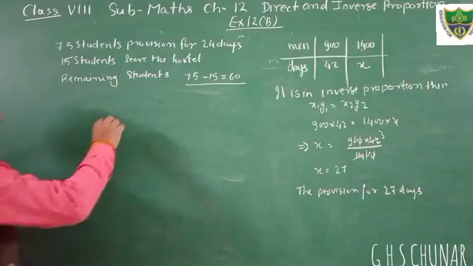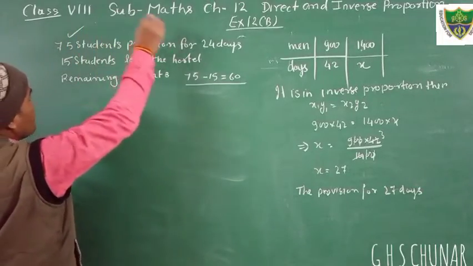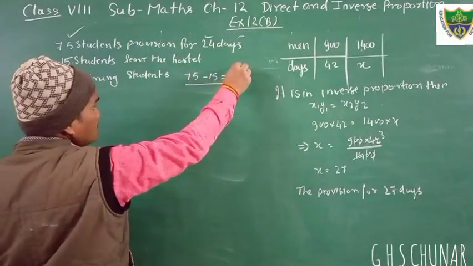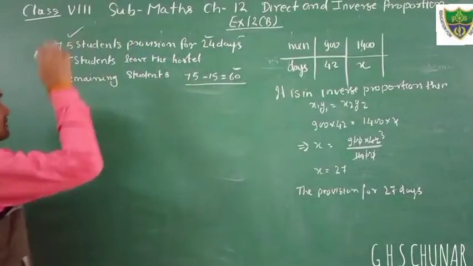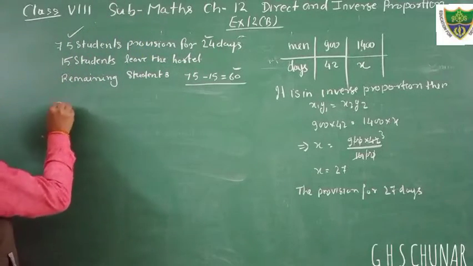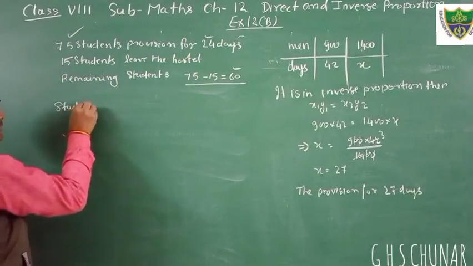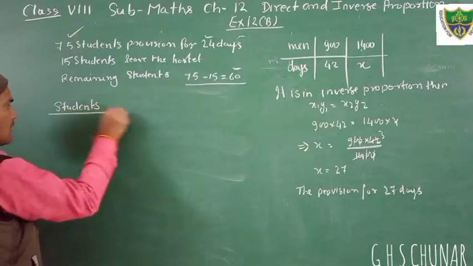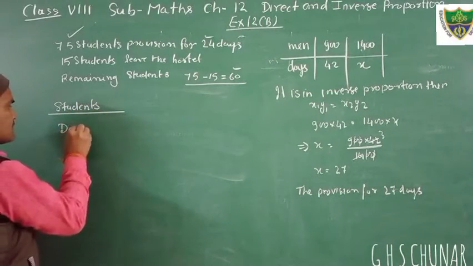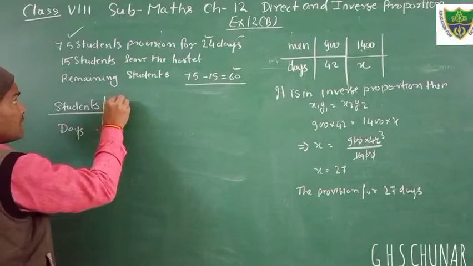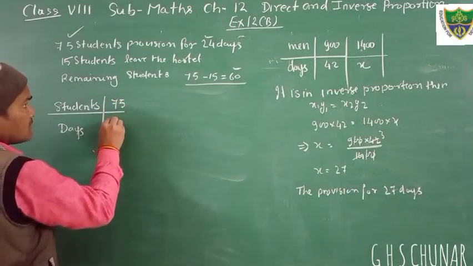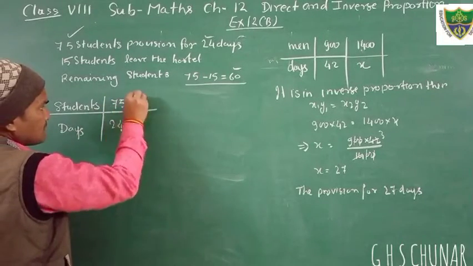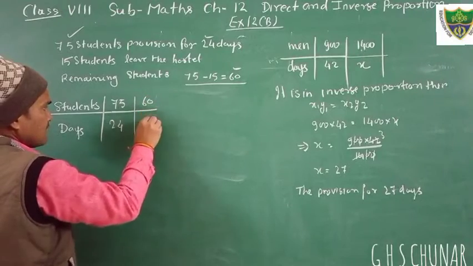So for the 75 students, that is 24 days. Then how many days for the remaining students? That is 75 students, 24 days. Next is 25 students, that is x days.